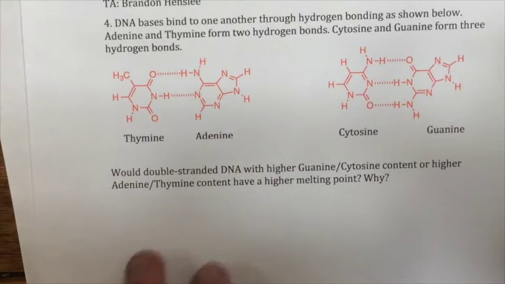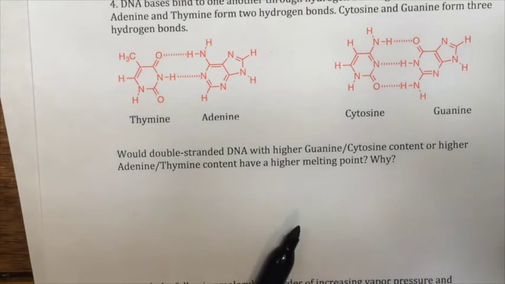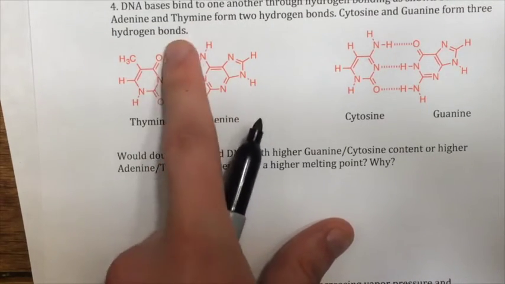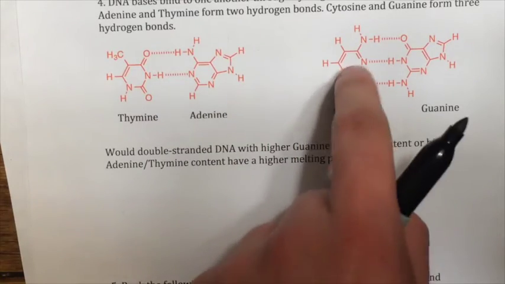So the question asked is, let's say we had a DNA molecule that had a high amount of guanine-cytosine bonds compared to the adenine-thymine. How would the melting point of this DNA molecule compare to another DNA molecule that had more adenine-thymine bonds? So as we said, adenine-thymine will form 2 hydrogen bonds, and guanine and cytosine will form 3.